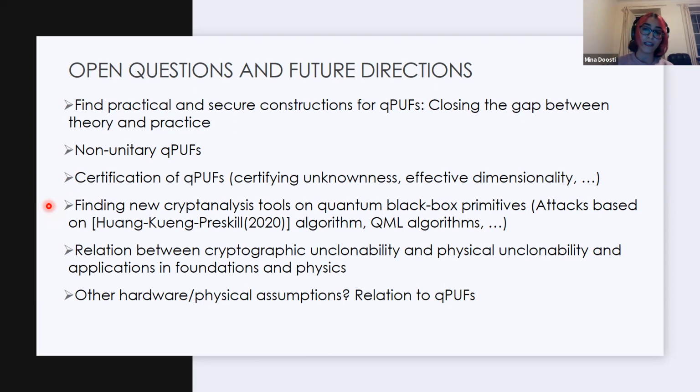Can we extend the area of cryptanalysis from Shor and Grover to quantum machine learning algorithms, or to efficient learning algorithms like this result of Huang and Preskill in 2020? I think I found it very interesting for the field of quantum cryptanalysis.